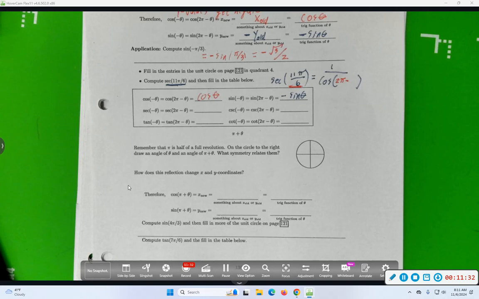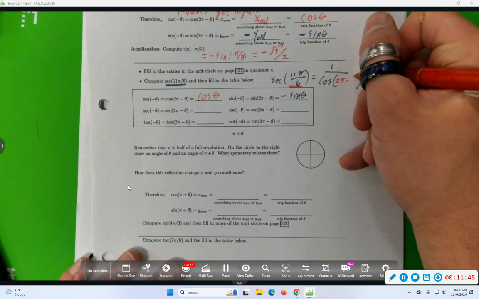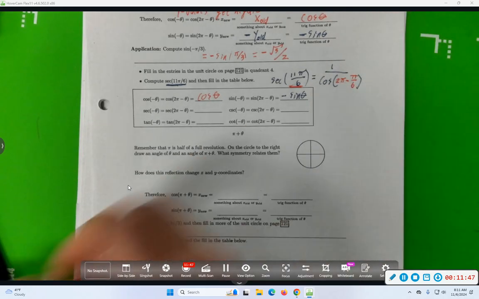So 2 pi is 12 pi over 6. I have to go back one more pi over 6 to get to 11 pi over 6. Oh nice.